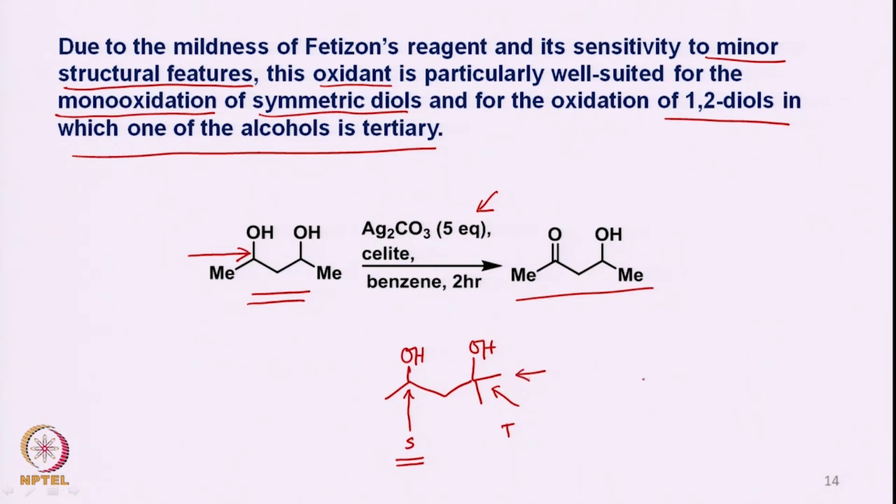But we can also take another example in which the hydroxy group is secondary and at the next carbon you have another hydroxy group which is tertiary. Substrates of this kind have been found to have problems of CC bond cleavage with other oxidizing agents such as chromium based ones, but that does not happen in the case of Fetizon's reagent, and what one easily can get is this type of hydroxy ketone without CC bond cleavage.